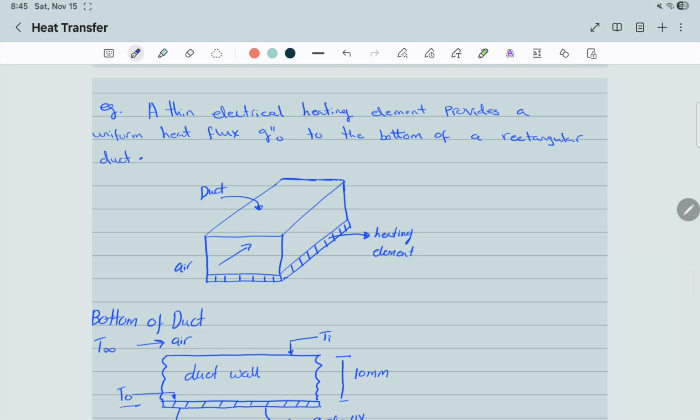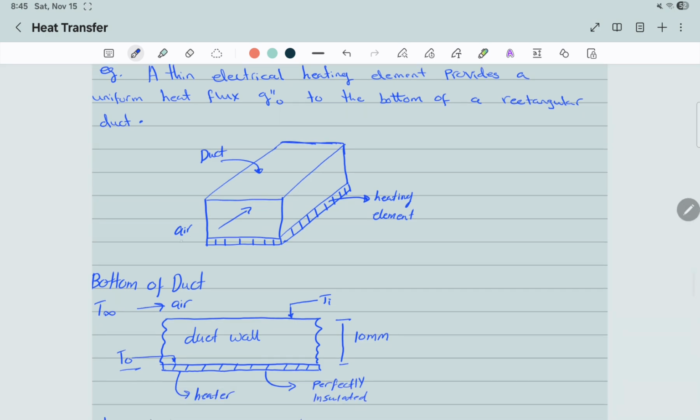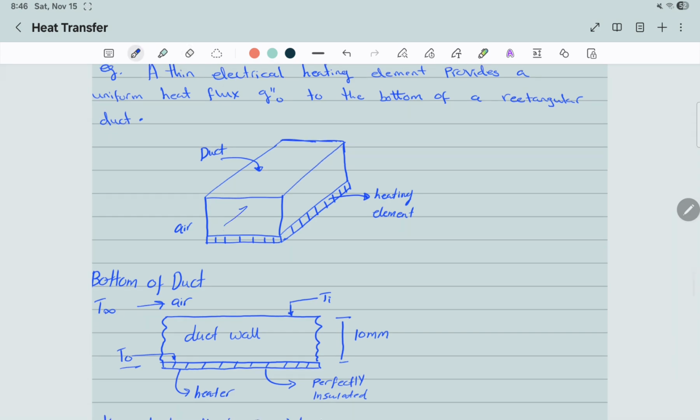Let's look at this example here. A thin electrical heating element provides a uniform heat flux to the bottom of a rectangular duct. So this rectangular duct here, air enters through the duct, and there's a heating element right at the bottom.